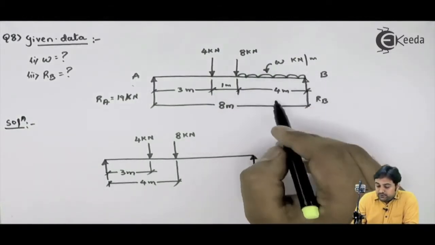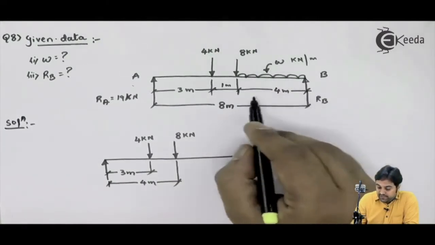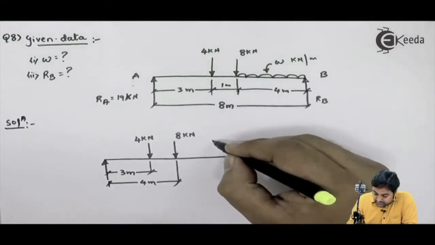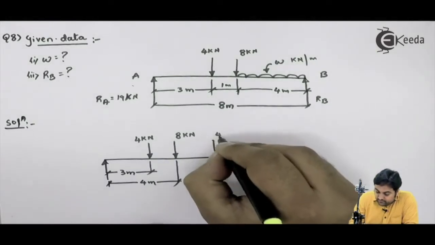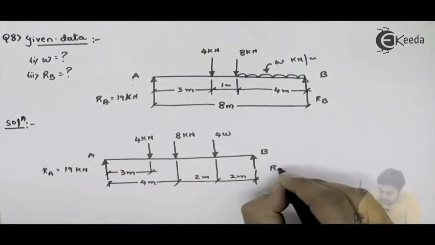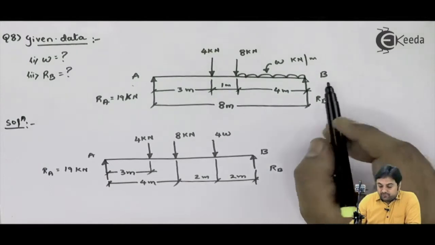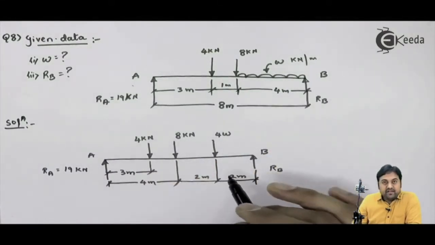So its point load would be W into 4, which gives me 4W. It would be acting at 2 meter distance, exactly at the center of this. So it will be 4W.